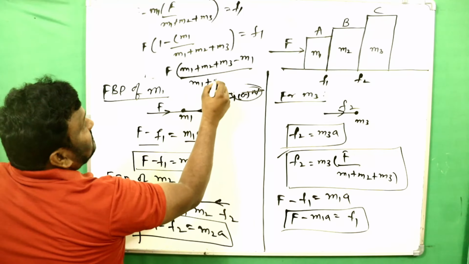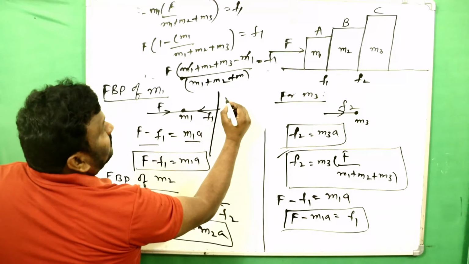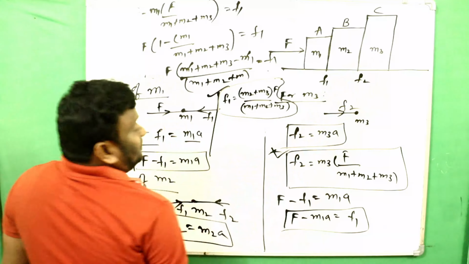Here m1 cancels, so simply f1 is equal to m2 plus m3 times F by m1 plus m2 plus m3. So this is the expression for the contact force between A and B. f1 is the contact force between A and B, and f2 is the contact force between B and C.